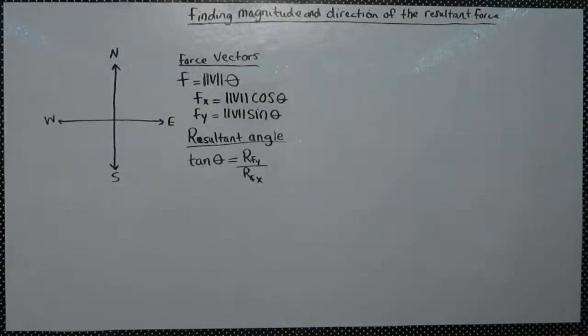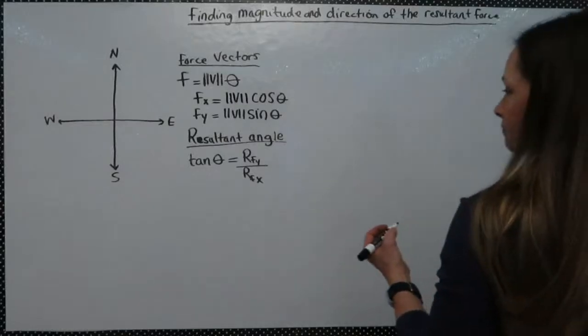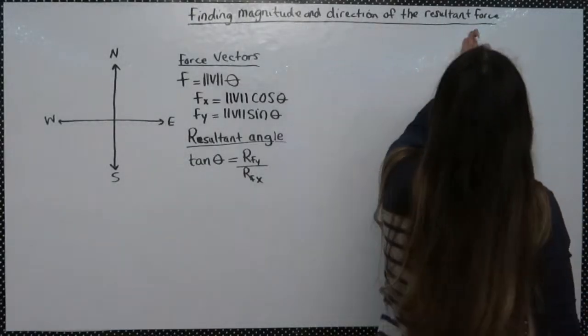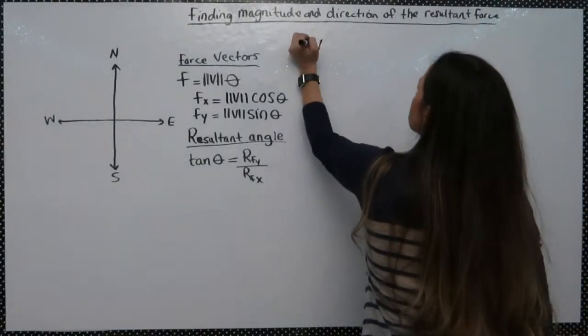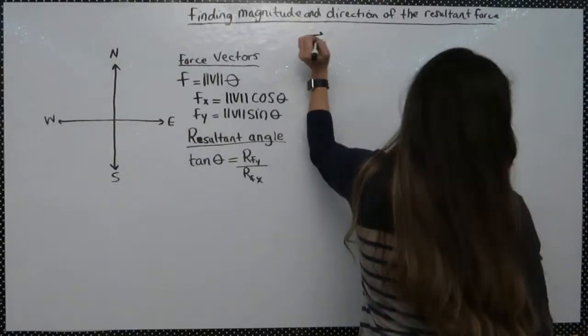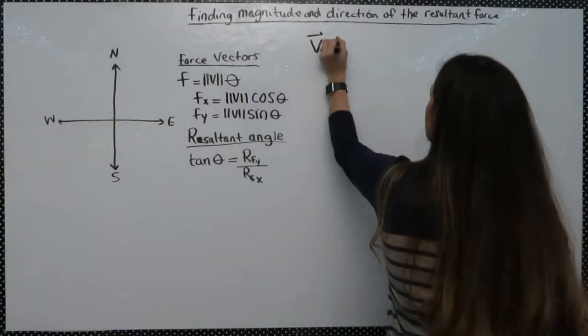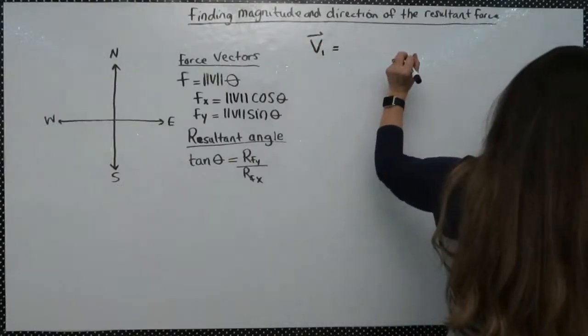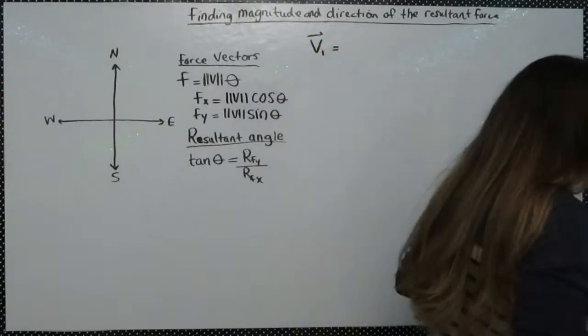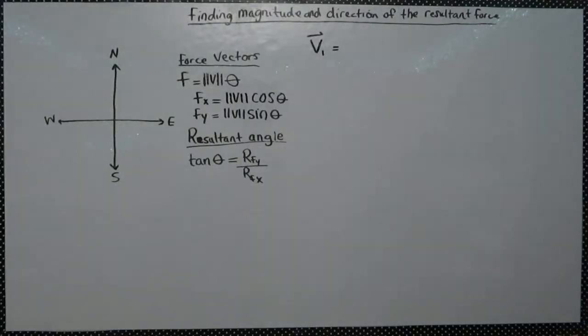So the problem, let's go ahead and write it out, so we all have it. It says 47 pounds acting. So we've got vector, we'll just label it vector 1, and this is the notation for vector. And this one is 47 pounds.